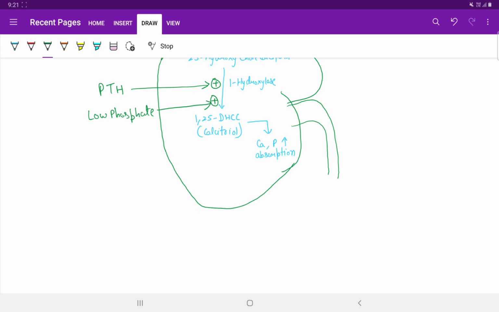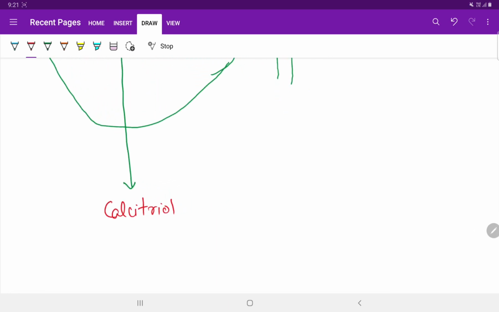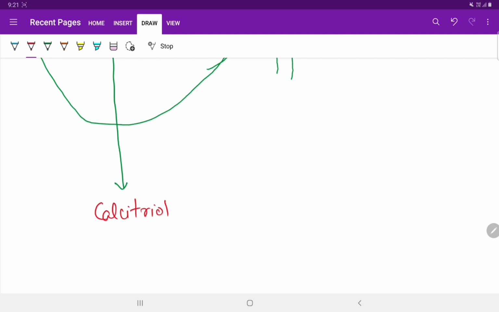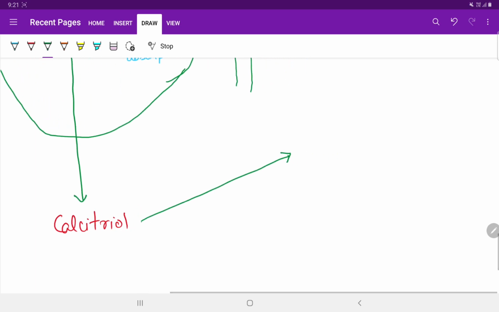So how these steps occur, let us see. When this goes back into the bloodstream, so this is the calcitriol here. Now this calcitriol is either absorbed by the intestinal cells. So see here, this is calcitriol.